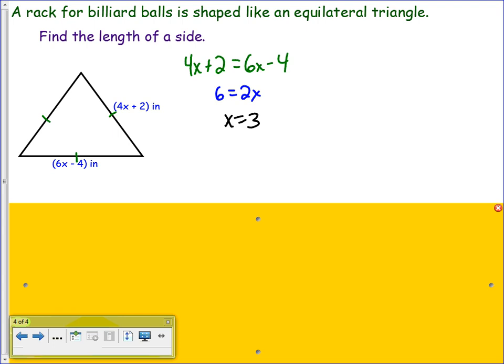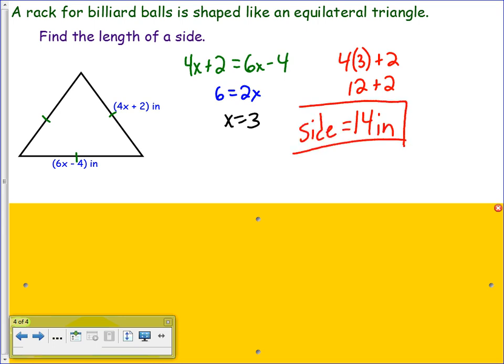Does this problem ask us to solve for x? No, it says to find the length of a side. So you can pick whichever one you want. I like working with positive numbers, so I am going to use the adding method. So 4 times 3 plus 2, I get 12 plus 2. So we get a side equals 14 inches.